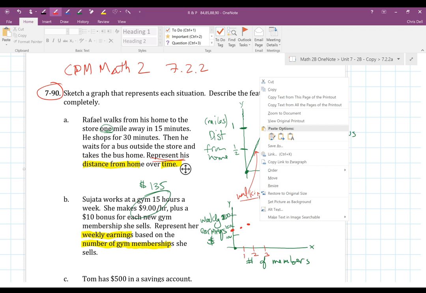So there's my thing. So let's say he starts, what do I see? Tom has 500. So he actually starts with 500. So we've got to go to 500 at 0, right? Because that's when we start. And then on the last day of the first month, he deposits 150. So at the first month, now he's got 150 more.